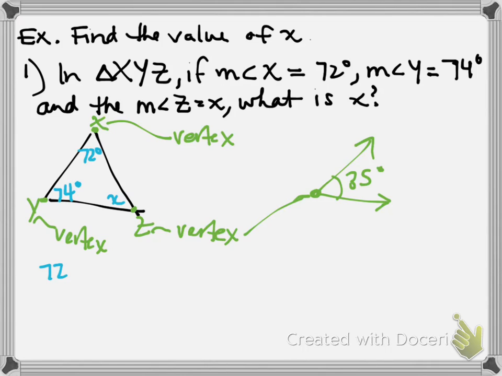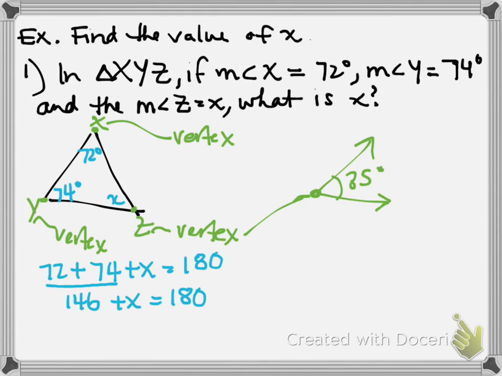So I can use that angle sum of triangles, 72 plus 74 plus x has to equal 180. And now I just solve it. How do I solve it? Same way I would solve anything else. I would look for like terms on a side, and I combine them. That means do the math that's shown. So I get 146, and then I still have plus x equals 180. What do I do to get the x by itself?